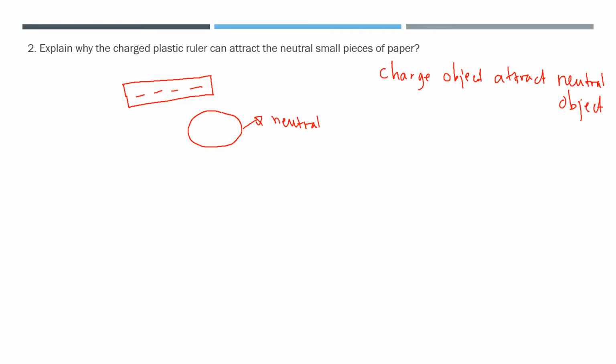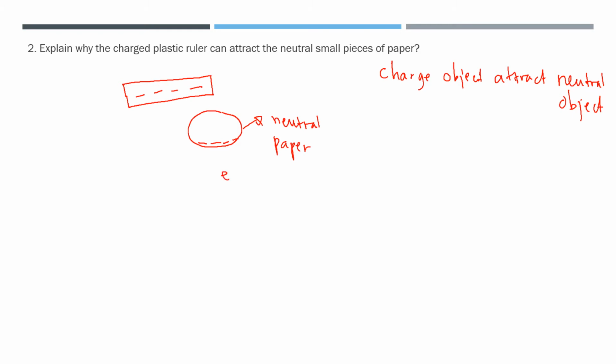So why? When you bring the ruler near the neutral object, what will happen? The electrons in the paper will be repelled to the furthest side. Remember, the only particles that can move are the electrons.